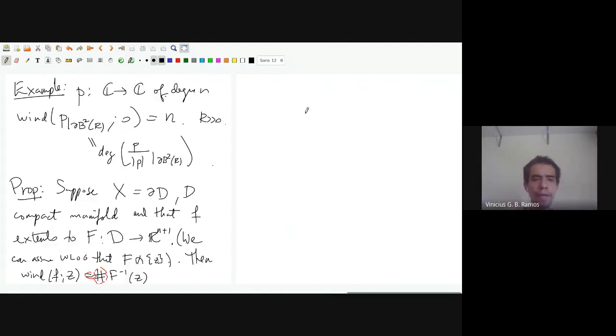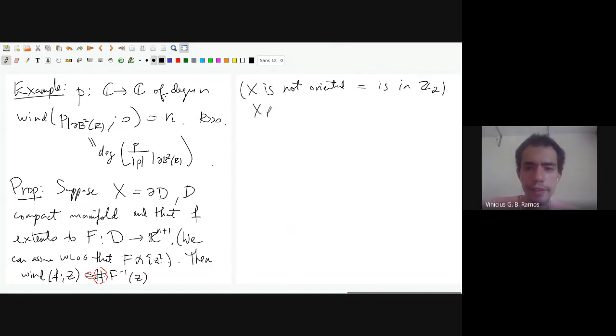When X is not oriented, this equality is mod 2, so it is an equality in Z_2.